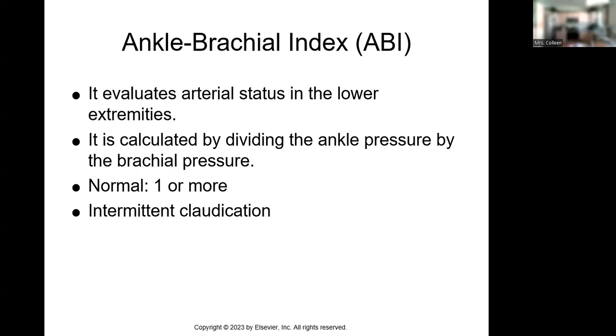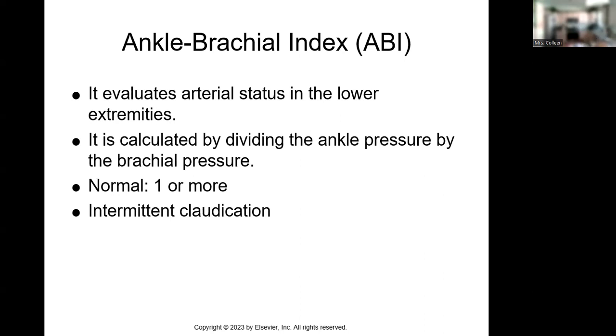Okay, so for this ankle brachial index test, a regular blood pressure cuff is placed above the malleolus, and another blood pressure cuff is positioned over the brachial artery. A Doppler probe is used to check the systolic endpoint at the dorsalis pedis and the posterior tibialis sites.